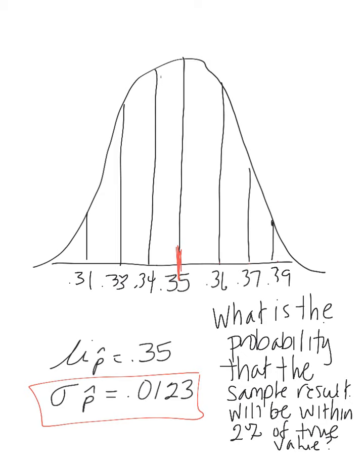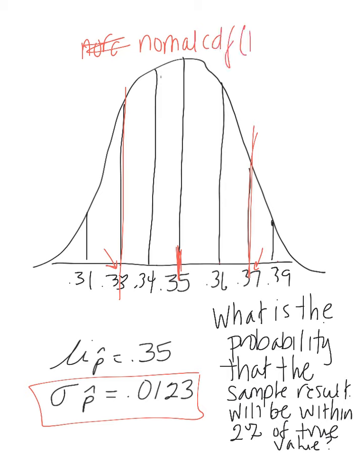So I'm going to go ahead and I want to go to 0.37 and I want to go to 0.33 exactly. Now these are not exact numbers right there, so we can't go with our 68, 95, 99.7 rule. We're going to actually use normal CDF. Yes, those of you that prefer to use the z-scores and the table can do that as well, but you're going to just go ahead and use your normal CDF, giving the lower boundary and your upper boundary and your mean and your standard deviation.